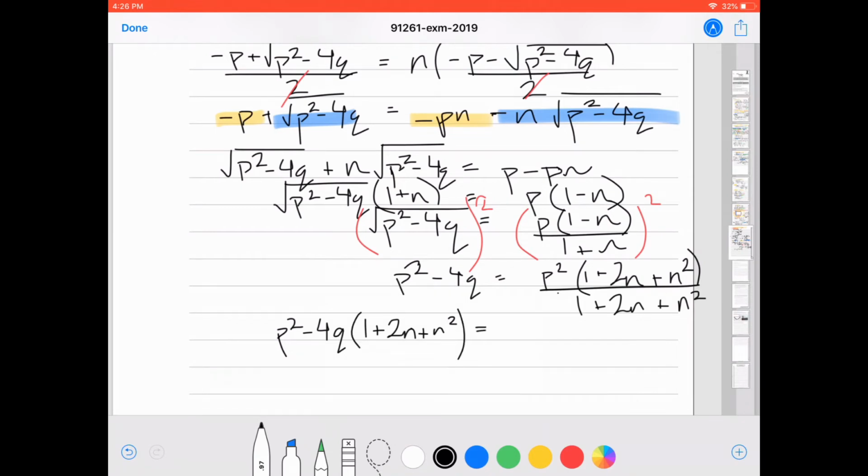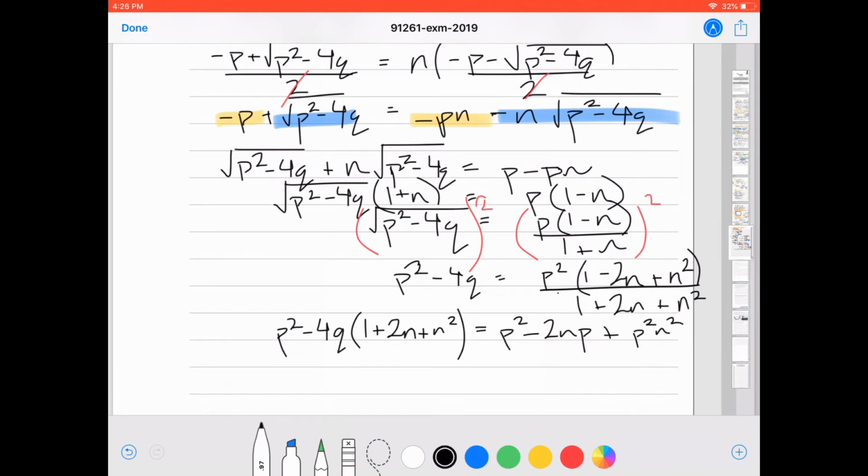This equals, and let's multiply through by p squared on our right hand side, so it's p squared plus, now is it plus or is it minus? Sorry, the b term is 2ab, so that's minus 2n, so it becomes p squared minus 2np and plus p squared n squared.